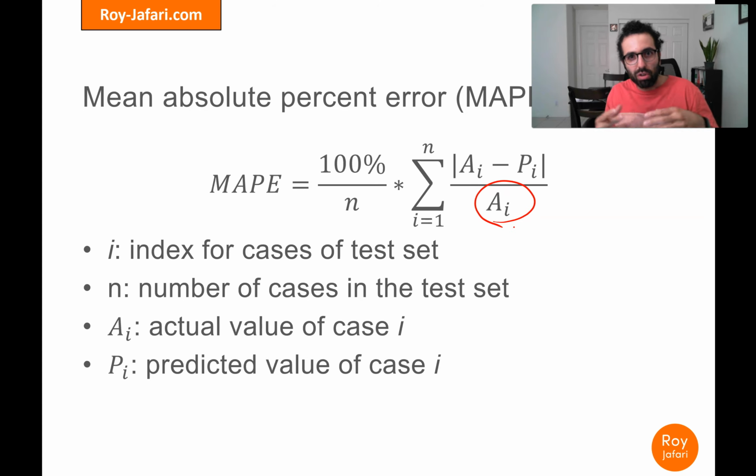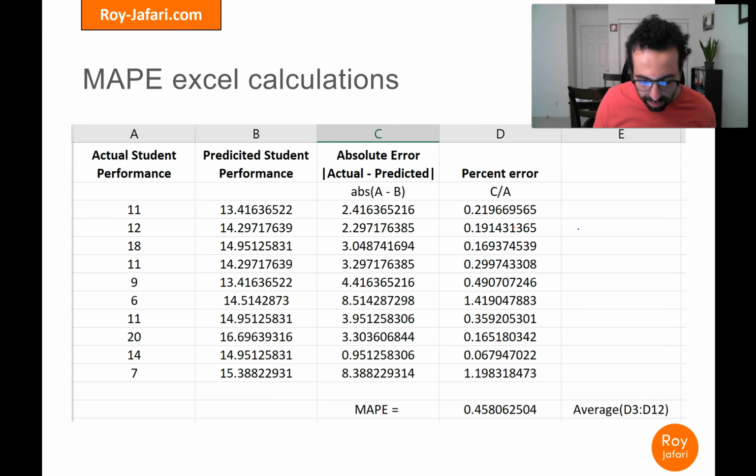So you scale the error based on the actual value of whatever it was that you were trying to predict. That can help us come to a percentage value instead of a large number. It's something that we'll see in the next slide. And this is the way you would go about calculating it in Excel. You have the absolute values, then you divide that by the actual value, and then you calculate the average of all of these.